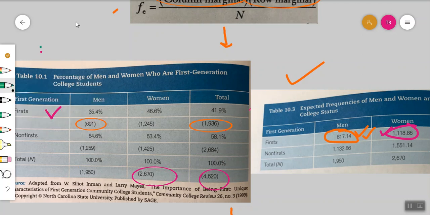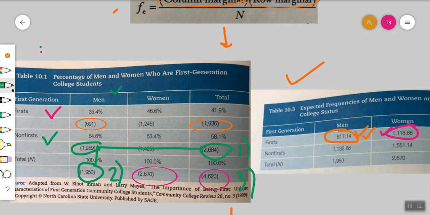Okay, so let's go ahead and do non-first men. So non-first men is here, and we're going to take the marginal, 2684, and the 1950, number 1, number 2, and number 3.